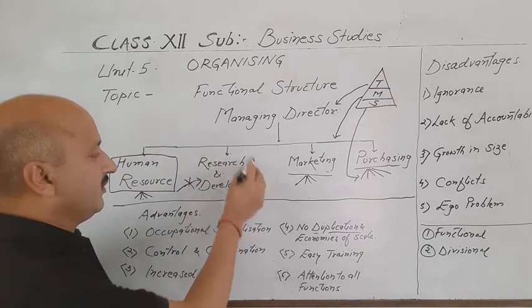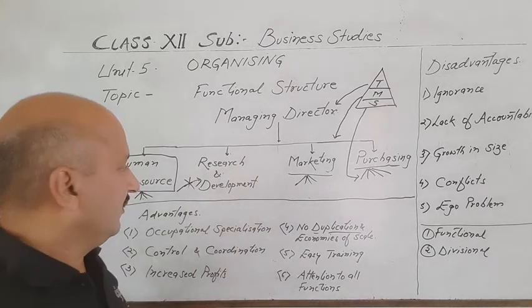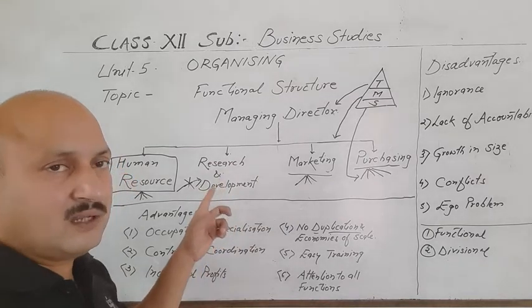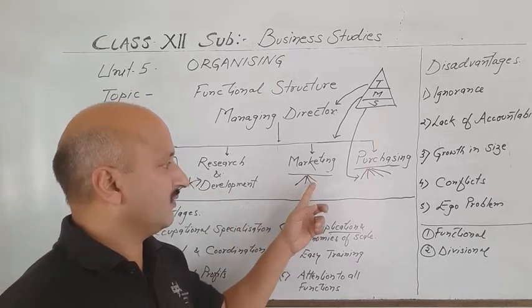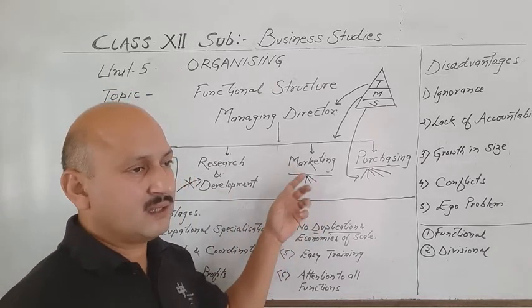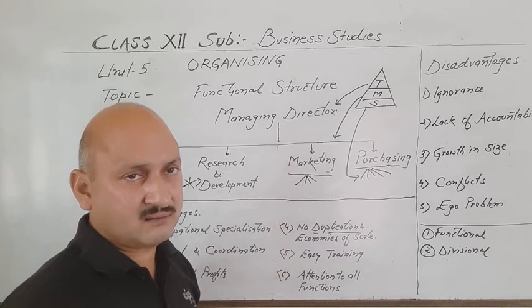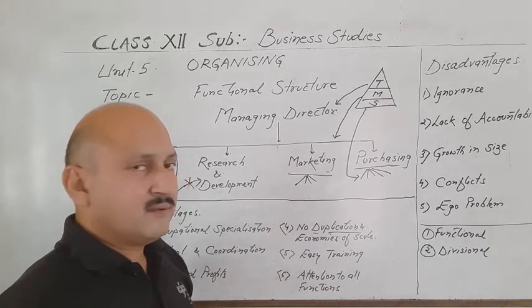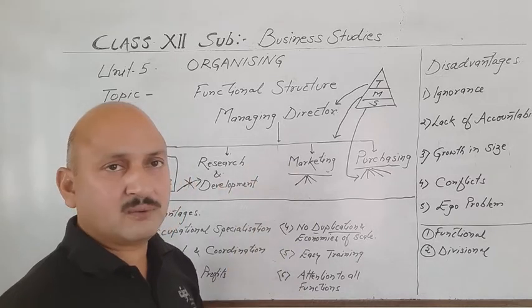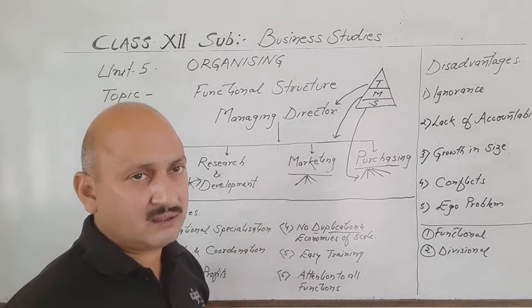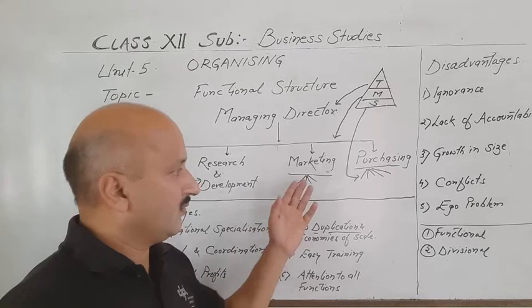Research and development will be carried on by only one function. Marketing will be carried on by only one function. It may be possible that they have multiple products. A diversified company can also adopt this structure up to a limit, but after that limit, it will be difficult to handle it.